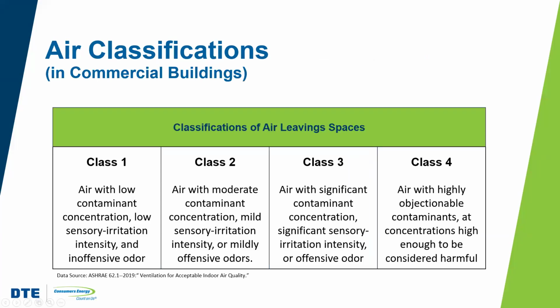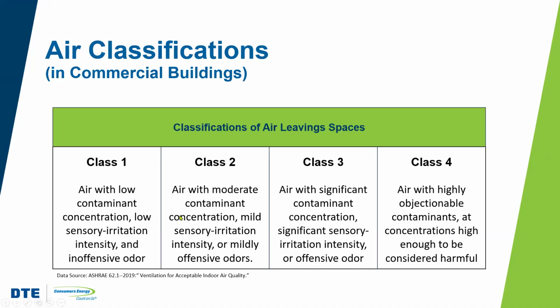All right, and so that's similar to what we're doing in the home. In commercial applications, it would be based on the classification of the air. For residential applications, we actually just define it, but we have basically four classes of air, some of which can be recirculated throughout the house and some can't, right?